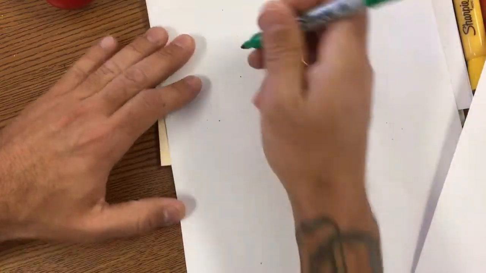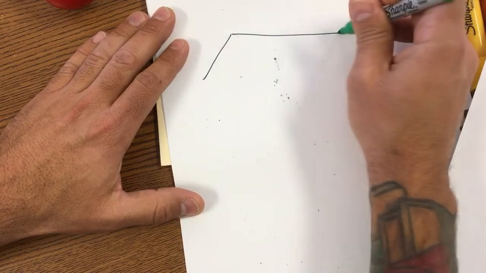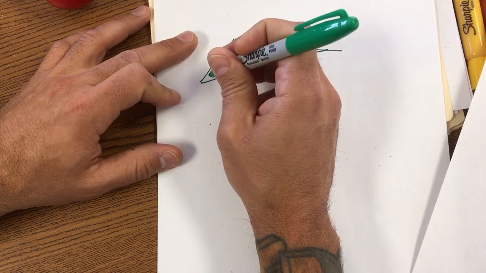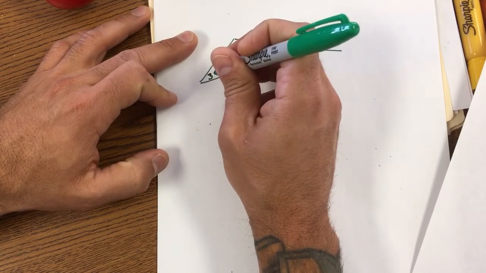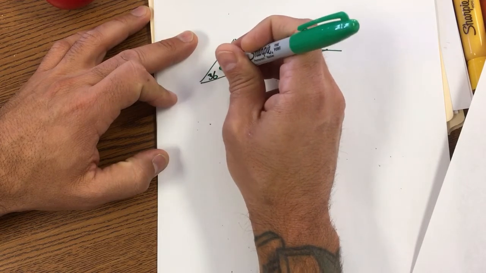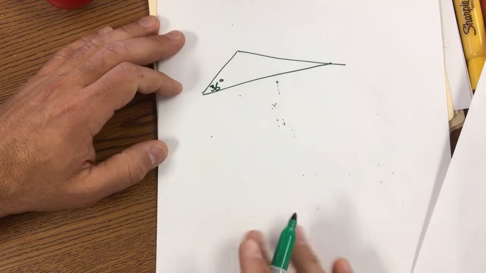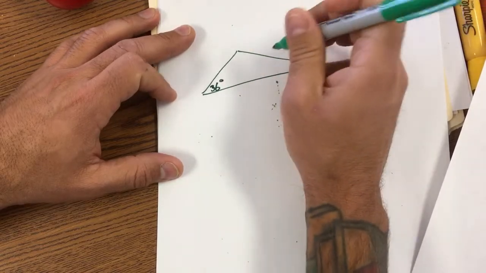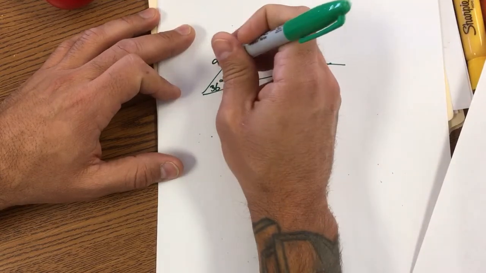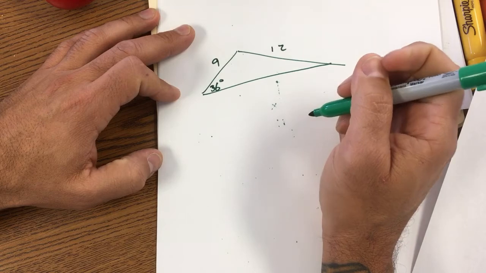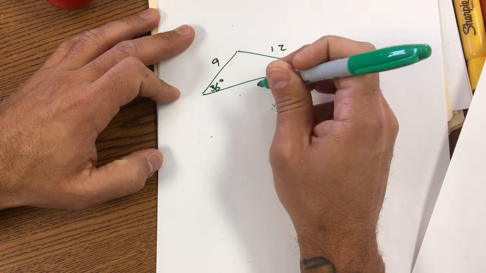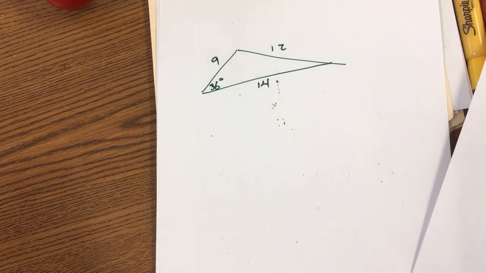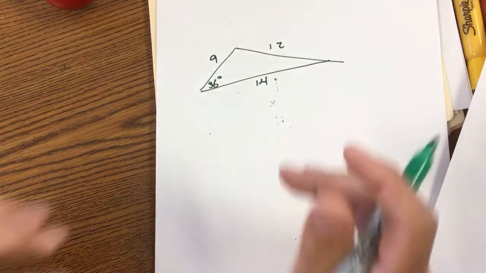So let's say that I have a triangle that looks like this. It tells me that this angle right here is 36 degrees. I should use pi, but because I accidentally used 36 degrees, I'm just going to continue with that. It tells me this side is 12, this side is 9, and this side is 14. Okay, it gives me all that information, and it wants me to find these other two angles.